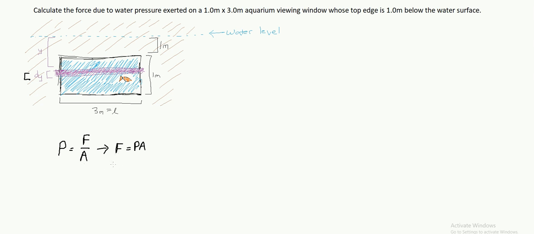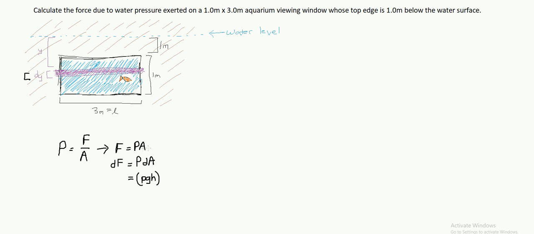So I'm going to change this expression a little bit. I'm going to say dF equals P dA. Now I'm going to replace these abstract symbols with things that I know. Pressure is density times g times h, where h is literally the height of fluid, in this case water, above it.